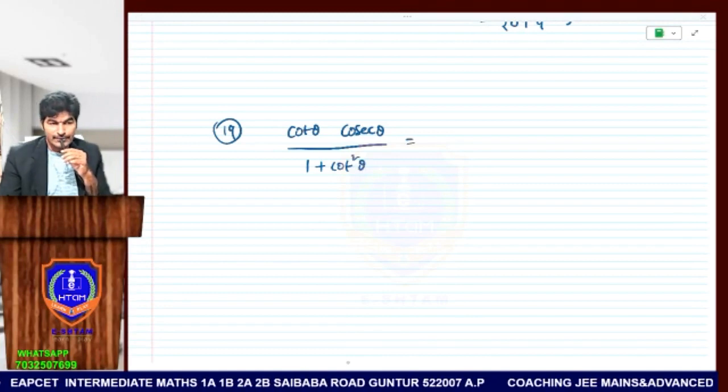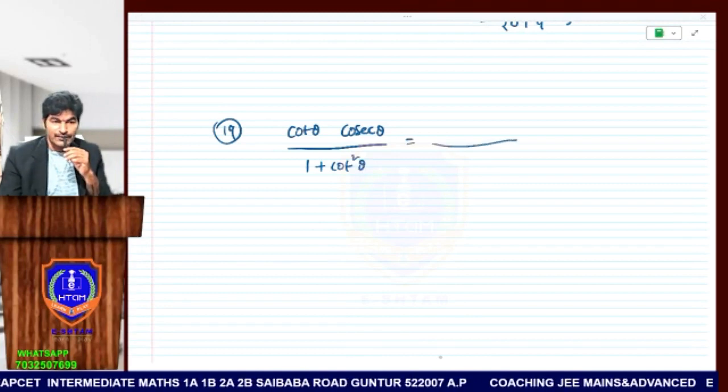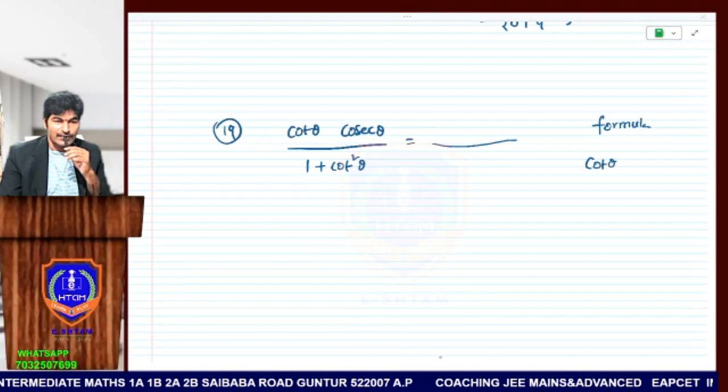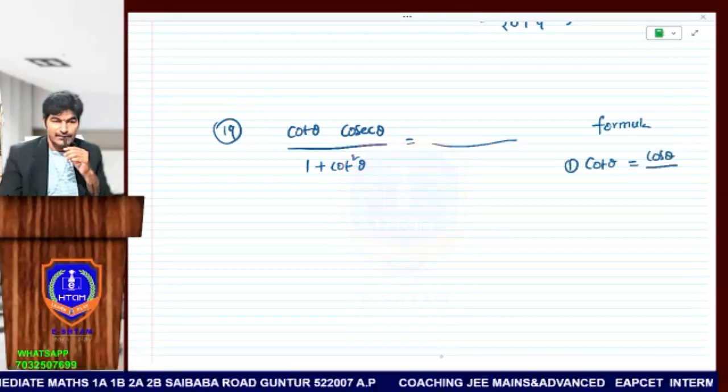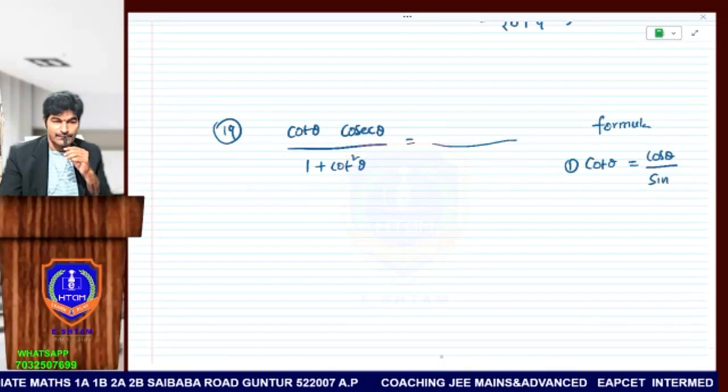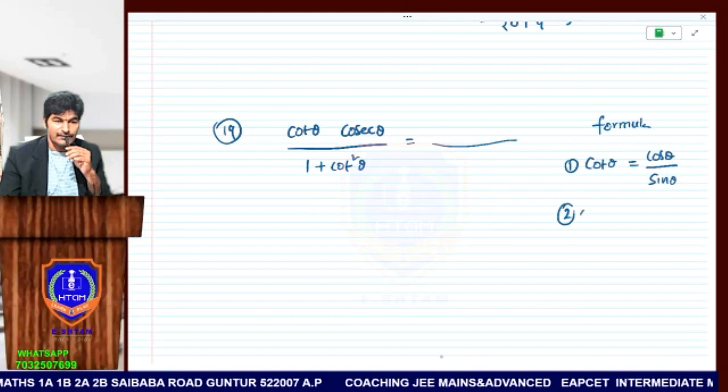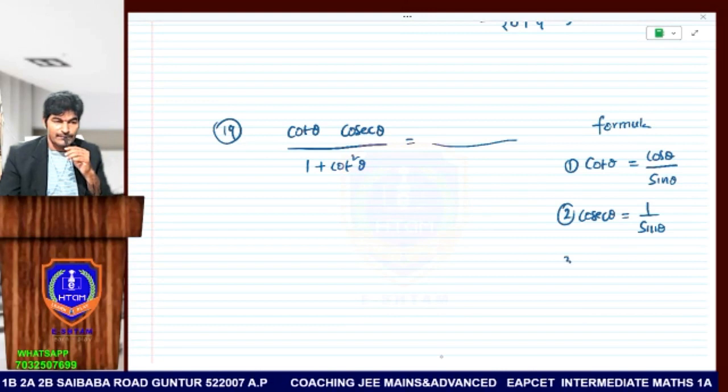Actually, cot theta means what? We are using the following formulas. Cot theta is equal to cos theta by sin theta. The second formula, cosecant theta is equal to 1 by sin theta.